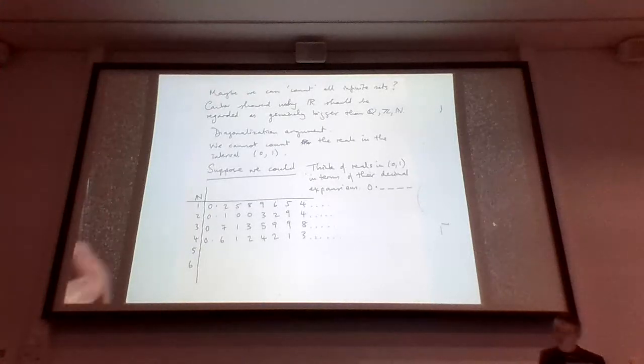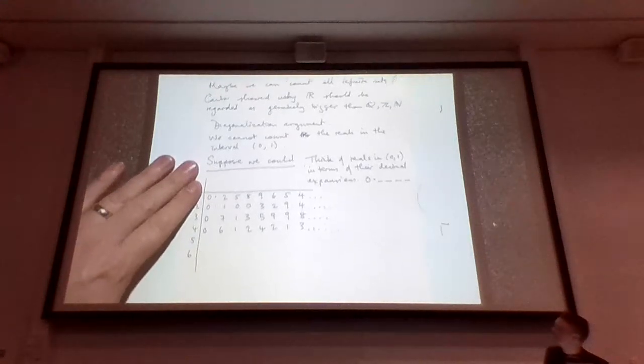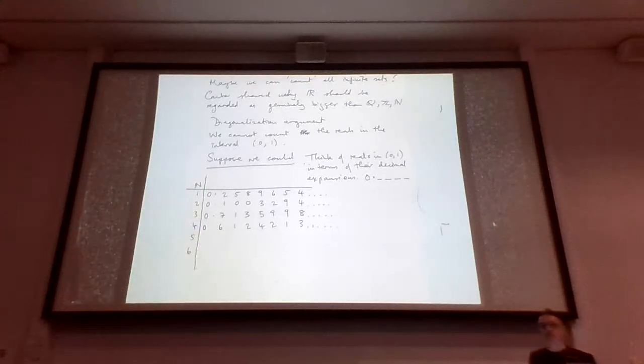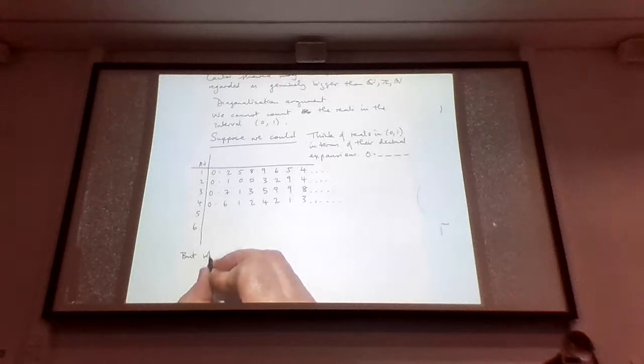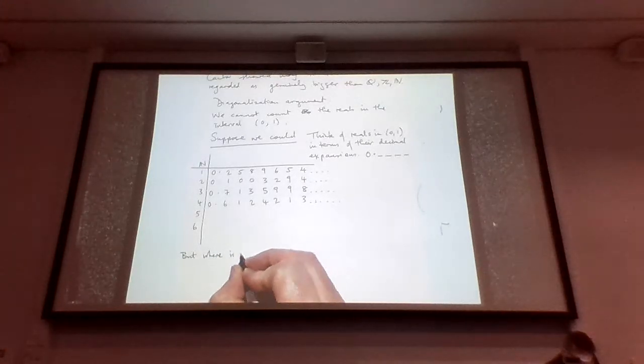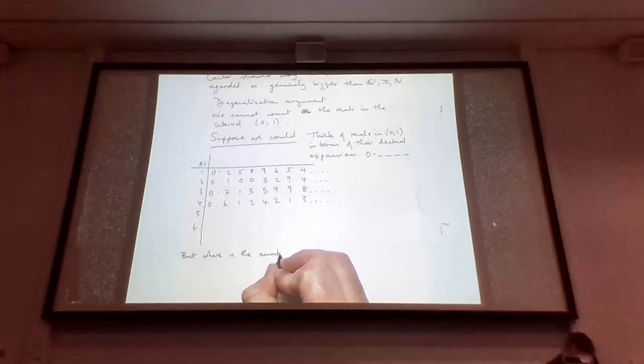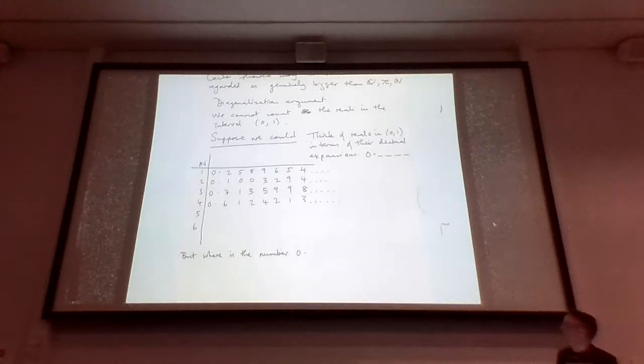So if we could count all the reals in 0, 1, we'd be able to set up this kind of a table, conceptually. Cantor's diagonalization argument is very clever. It asks a question about where is this number, and we construct this number from the table.